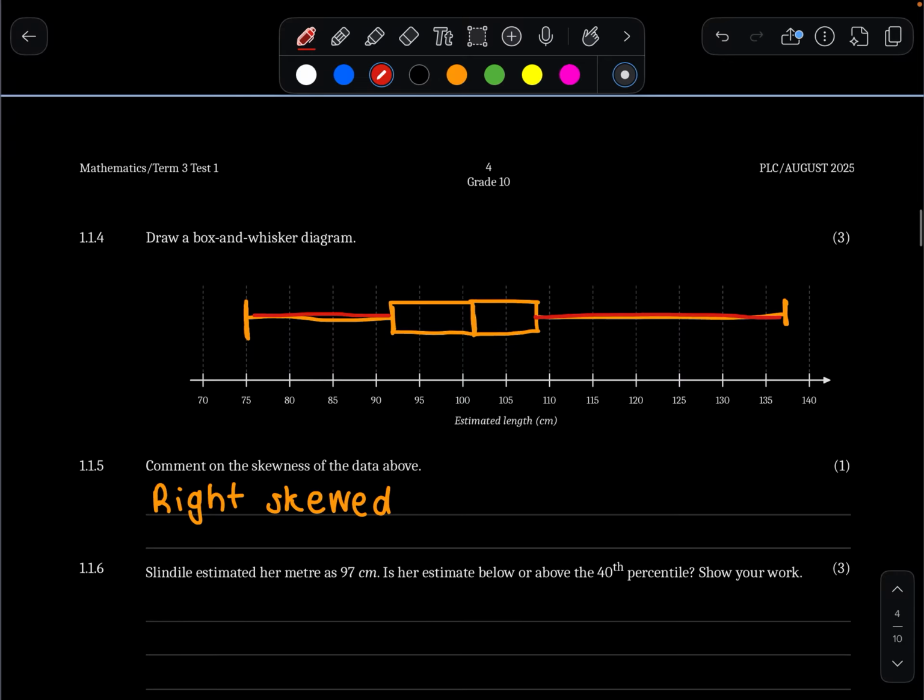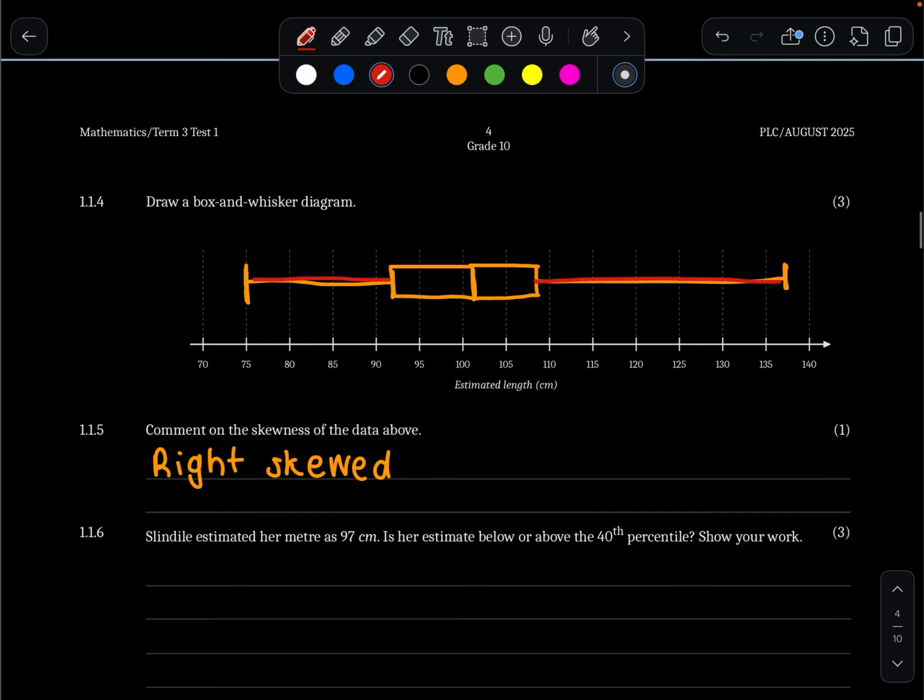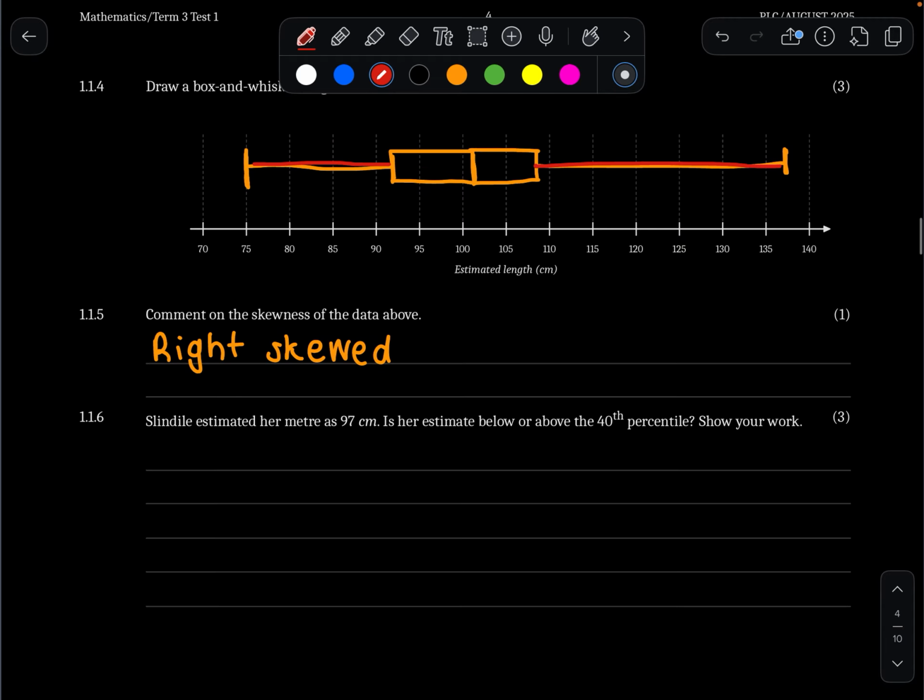Sindile estimated her meter as 97 centimeters. Is her estimate below or above the 40th percentile? Show your work. Okay, so what we have to do for this is we have to work out the 40th percentile. How we do that is we go 40%.